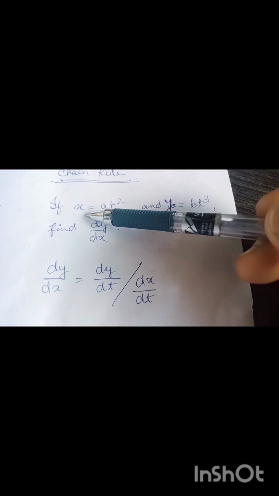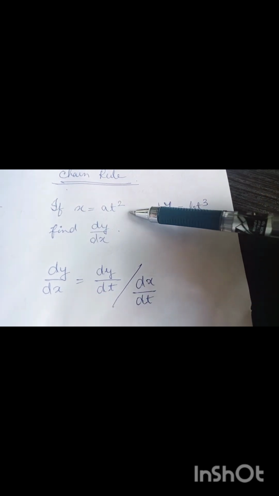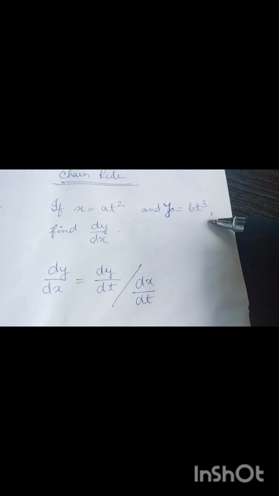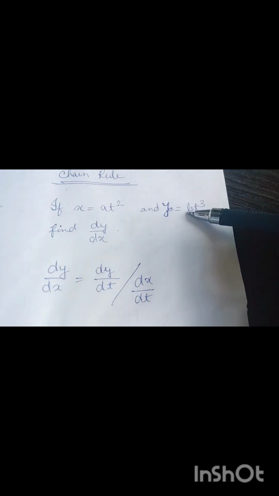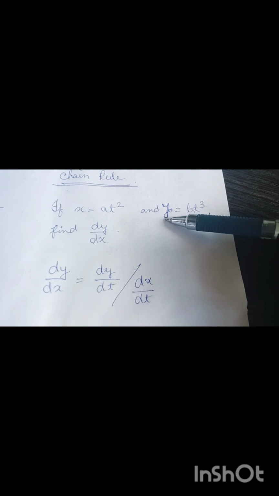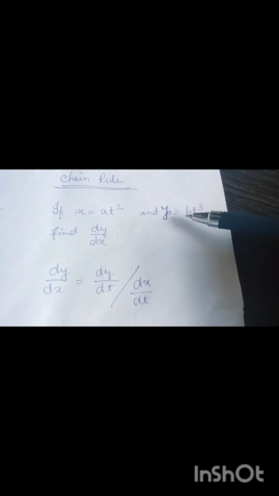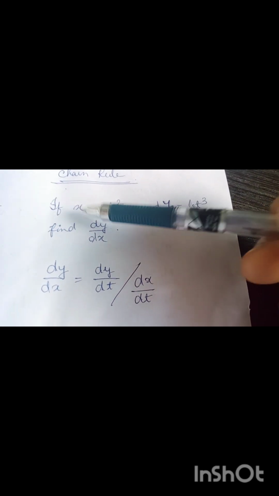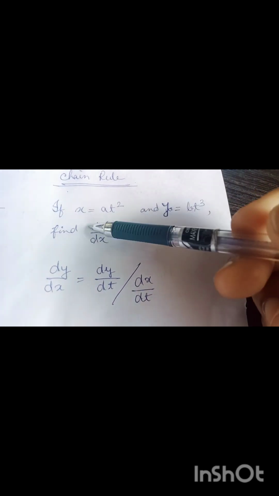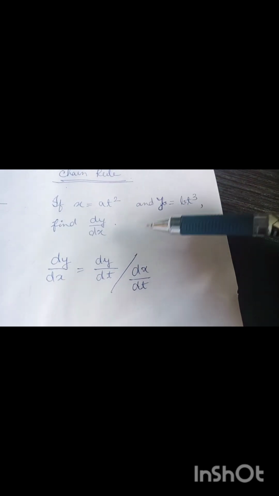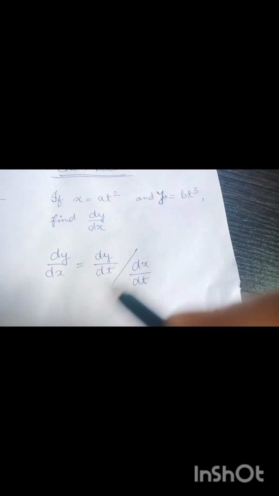First, we have to differentiate x with respect to t and differentiate y with respect to t, because both are functions of t. So we have to differentiate separately. After that, we have to divide the differentiation of the second function by that of the first function. So we will solve it separately.